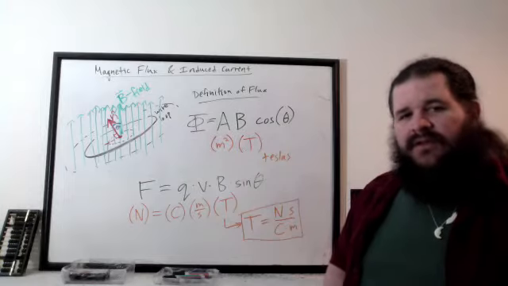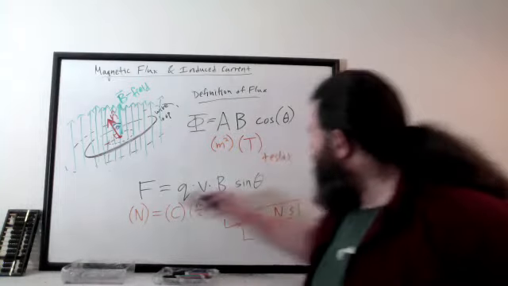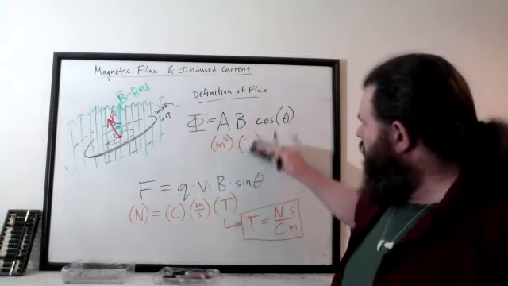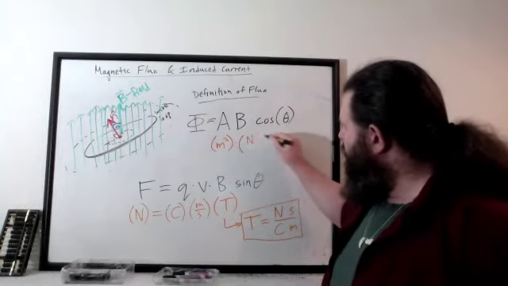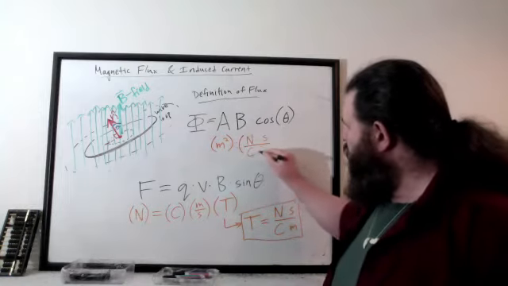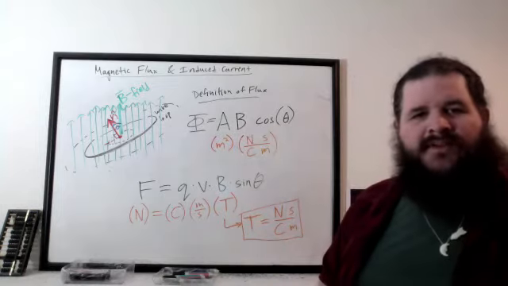We could simplify this a little more first though. Actually, let's go ahead and plug that in and see what we get. If we just replace Teslas with Newtons times seconds divided by coulombs times meters, can we simplify that?